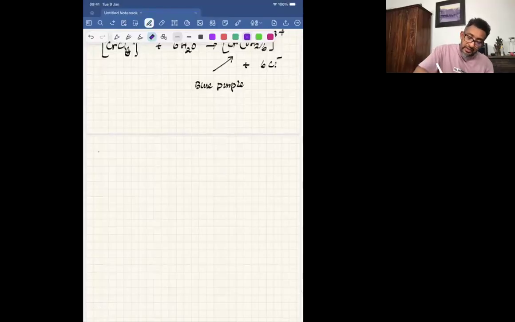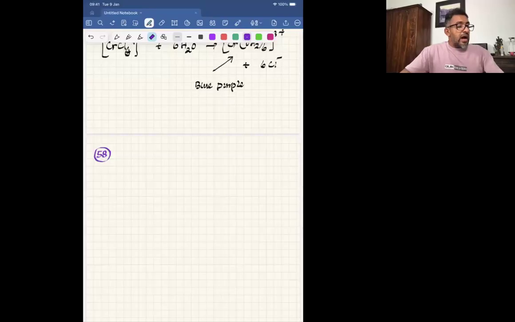Question number 58. We will discuss that and then we will move on to organic. Only the 58. A is a colored inorganic salt containing metallic element of M. When A is heated, it gives a green residue called M2O3, a colorless gas called C, and water vapor. It consumes 1 mole of A to give 1 mole of B residue.